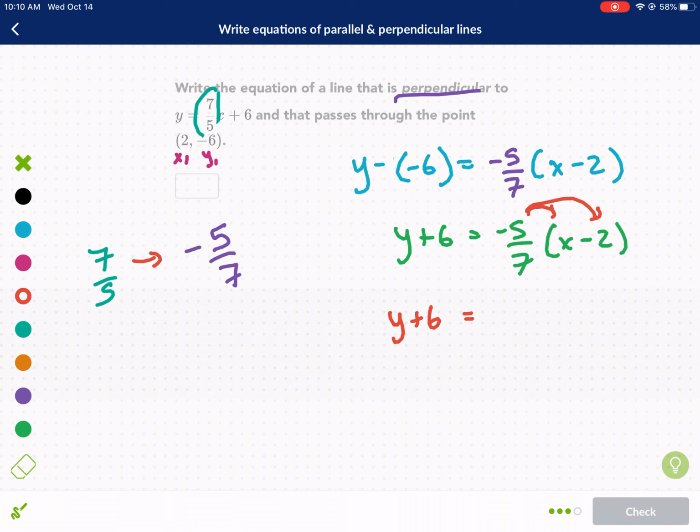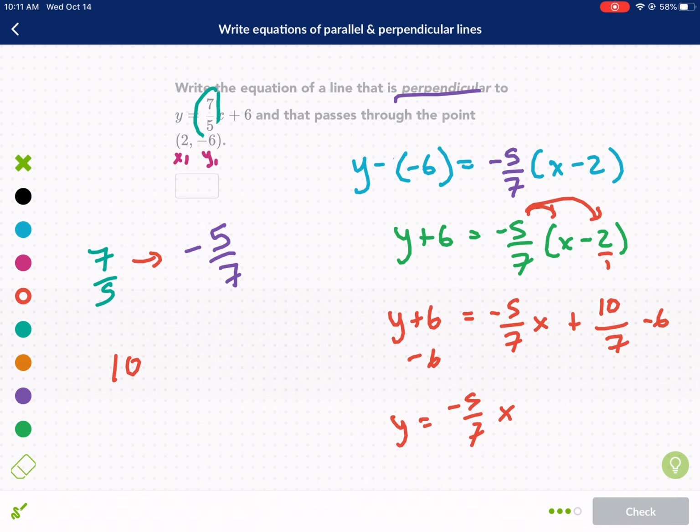Y plus 6 equals negative 5 over 7x. And now we have to multiply this times the fraction. If you want, put it over 1, top times top. That gives us positive 10. Bottom times bottom, 7. Okay, now we have to subtract 6 from both sides. So we have y equals negative 5 over 7x.